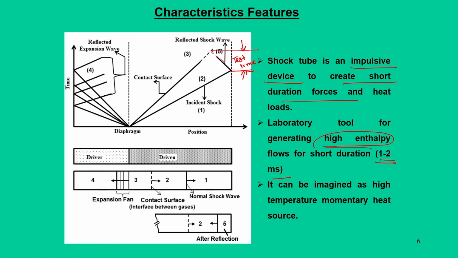Within this test time, the driven gas is available to us for 1 to 2 millisecond durations at very high pressure and temperature, so we can say it is a momentary heat source. That kind of enthalpy is available to us during this short test period. This is what we call high enthalpy flows.